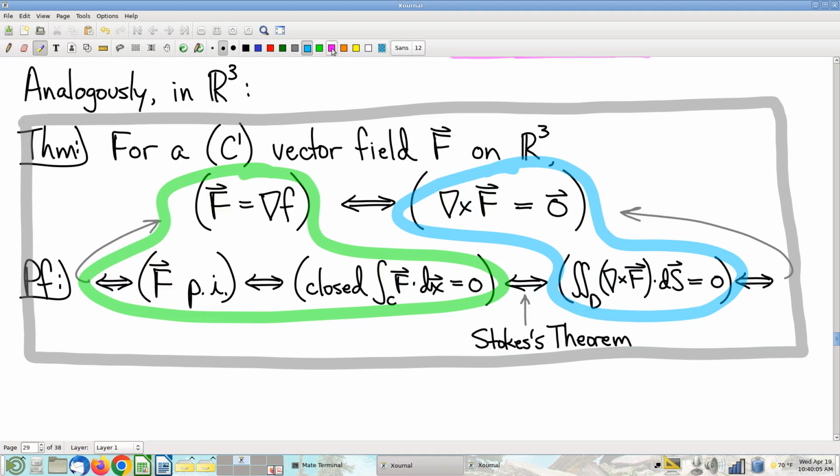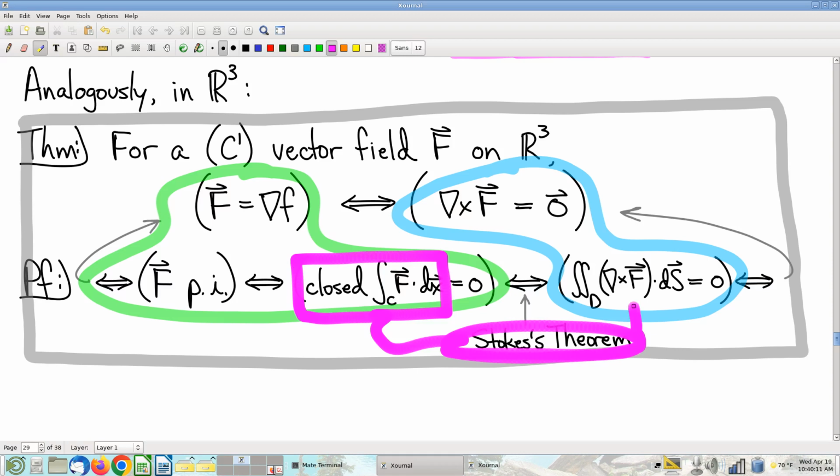The thing that was missing when we stated but did not prove this back in chapter 6. The connection between closed line integrals and flux integrals of the curl operator. We now have Stokes' theorem. Here it is. And so again, connection made, and again, that's why this local test worked.